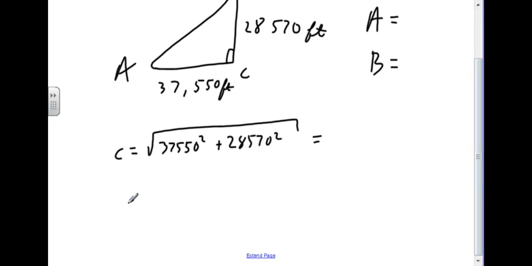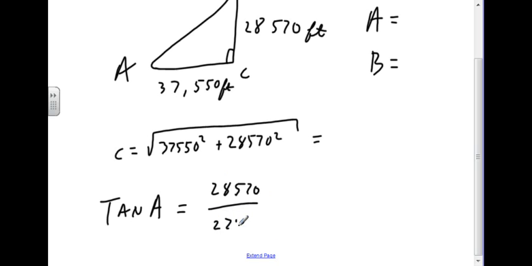We'll use the tangent function. The tangent of A is equal to the opposite over the adjacent, 28570 divided by 37550. So clearly A is the arctangent of the argument.